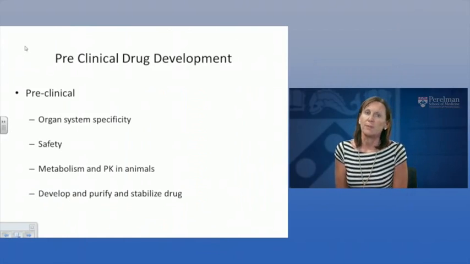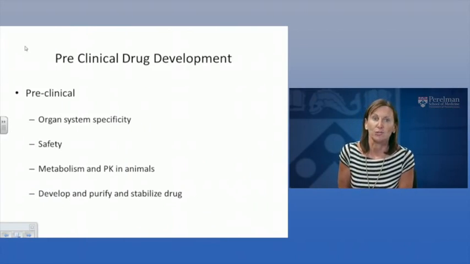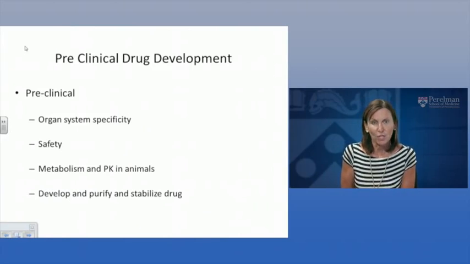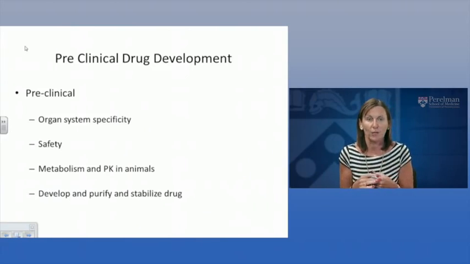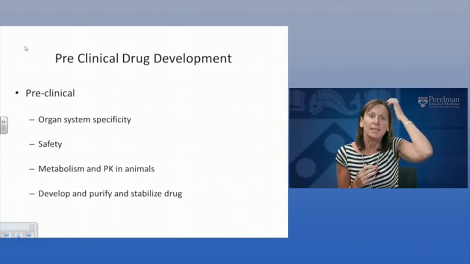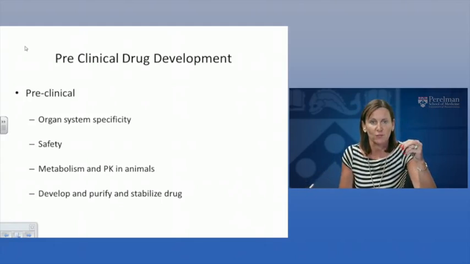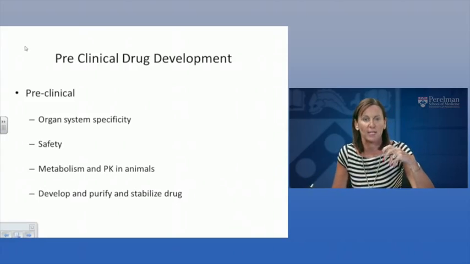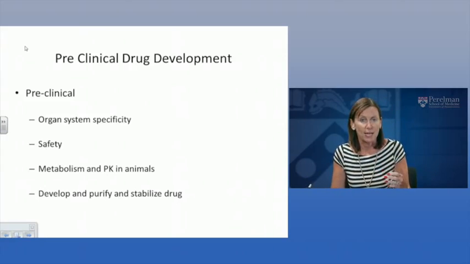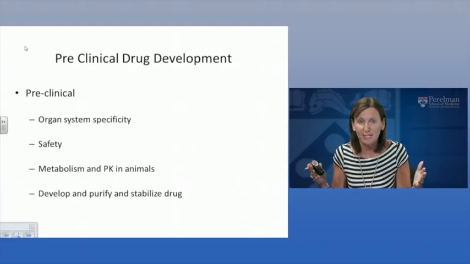So let's talk for a minute about preclinical drug development. And the overarching theme of preclinical drug development is you want to walk away from this stage of drug development with a sense of organ system specificity. You want to have a sense of the safety profile, even if it's in an animal model.